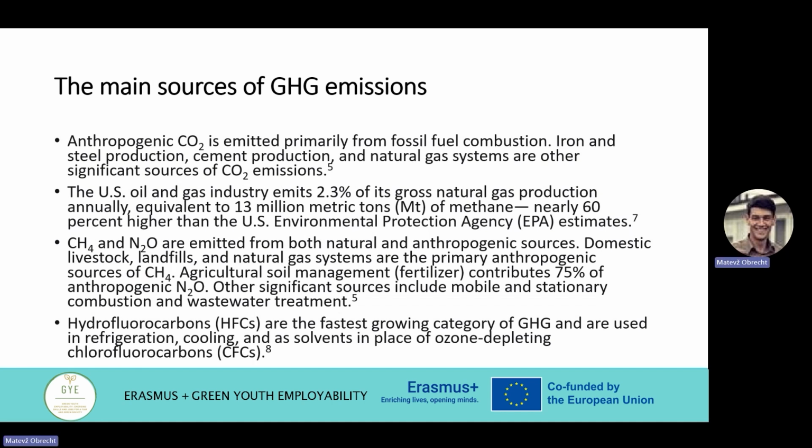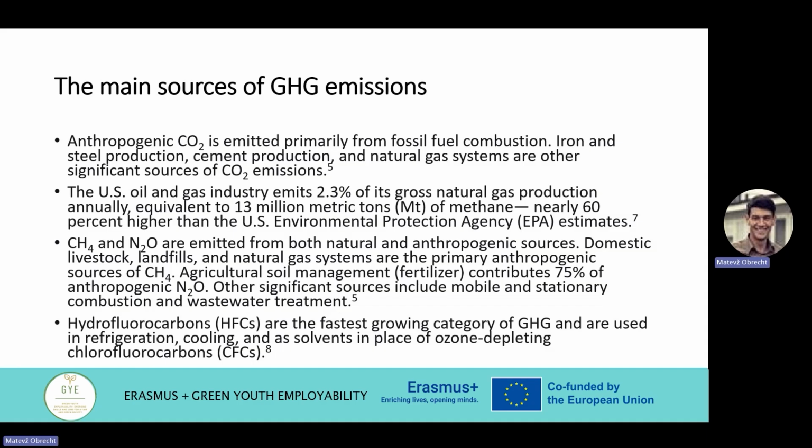So the main anthropogenic sources of greenhouse gases are primarily fossil fuel combustion. A big part comes also from iron and steel production, cement production, natural gas systems, and so on. For example, the United States oil and gas industry emits 2.3% of its gross natural gas production annually.